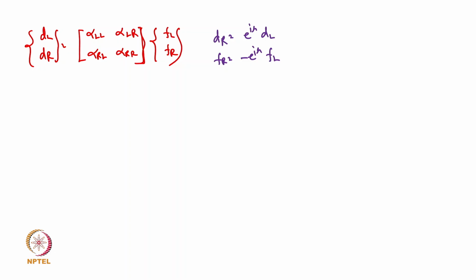What will be my objective? I will try to go to either of them and see how the equations come. The first equation we can write as dr equal to alpha LL into FL plus alpha RL into Fr. Now substituting this again, alpha LL into e to the power of I mu times alpha LR into FL.